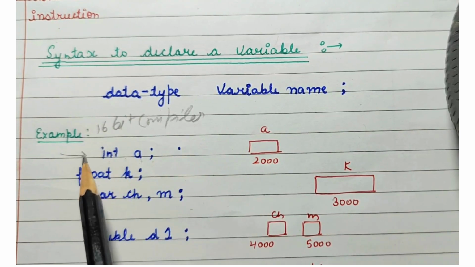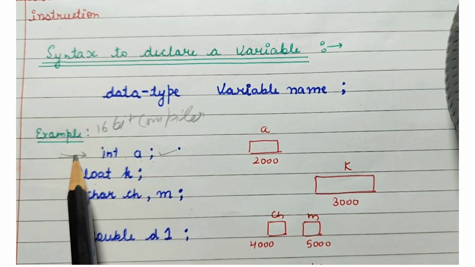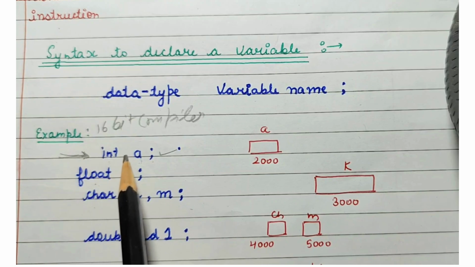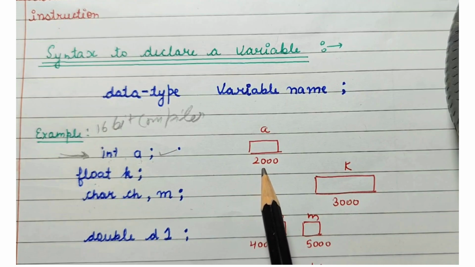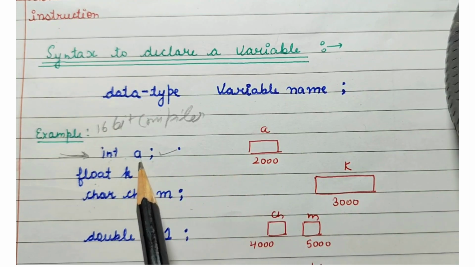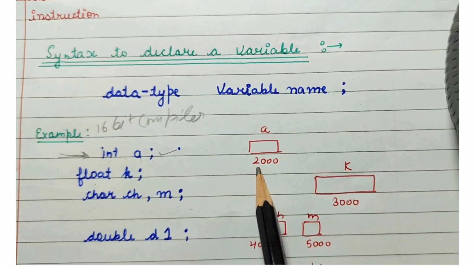Now when we include this statement in the editor and the compiler encounters it, the compiler allocates 2 bytes of memory in RAM. And all of you know that values or data are stored in memory at some particular address.